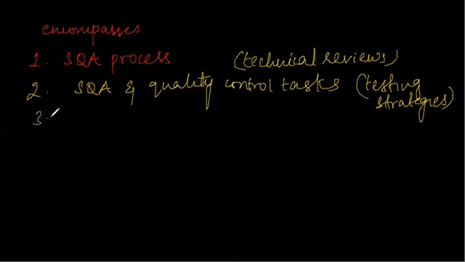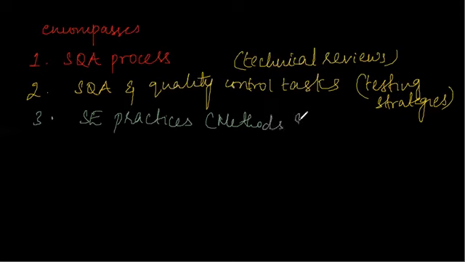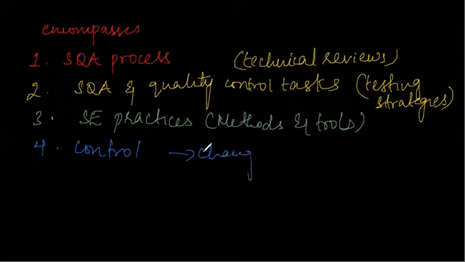Then you're going to have effective software engineering practices. You're going to follow some specific methods and tools. Then the fourth one is you're going to control all the work that is done, and if any changes are made within the software, you're also going to follow those.